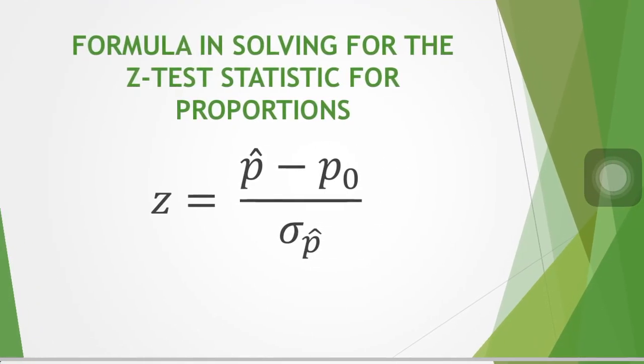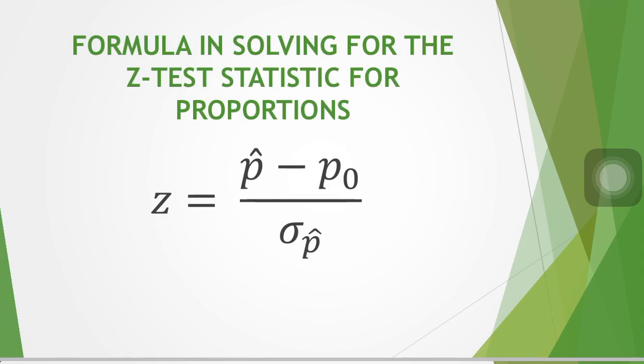To solve for a z-test for proportions, this is considered when the sample size is large and we're dealing with proportion or percentage. The formula is p hat, that is the observed proportion, minus p sub 0, what is the established proportion, divided by the standard deviation.